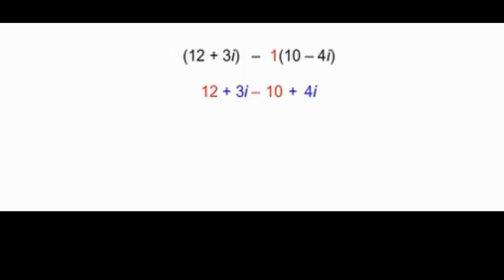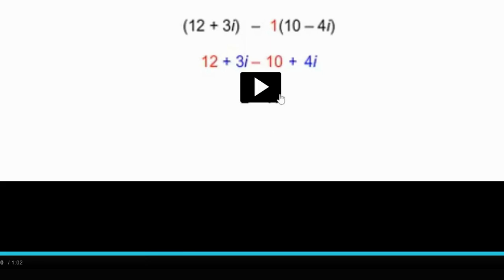This will change the signs on both the real number and imaginary number which follow. Now you can identify and combine like parts. The 12 and the minus 10 can combine because they're both real numbers, and the 3i and 4i can combine because they're both imaginary numbers. As you can see, combining complex numbers is very similar to adding and subtracting polynomials. All right, so see what they did there?